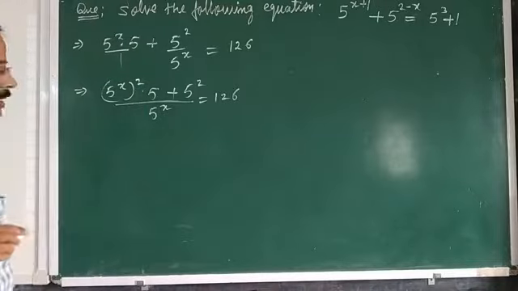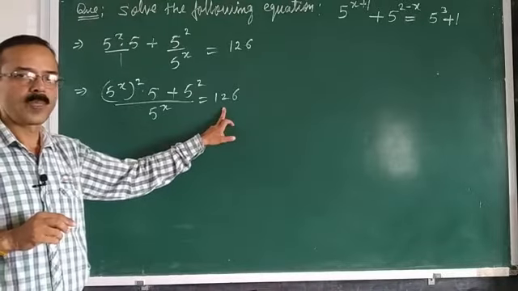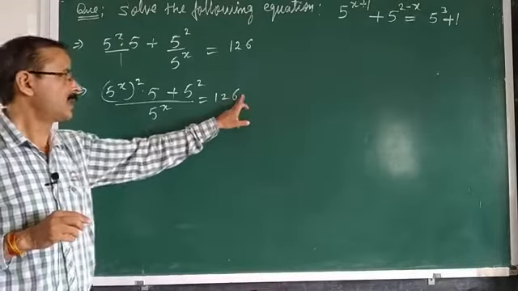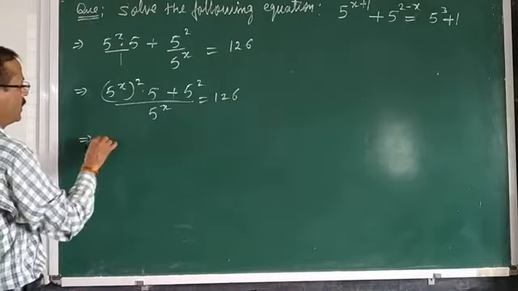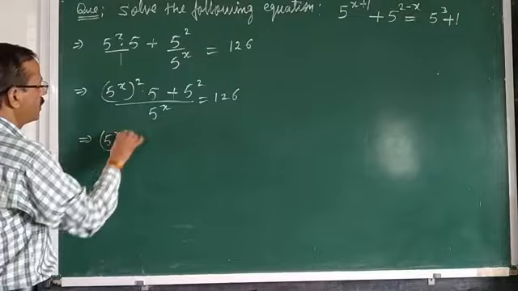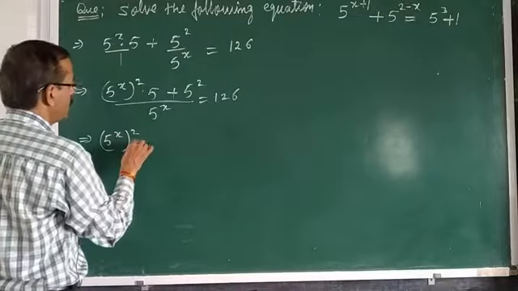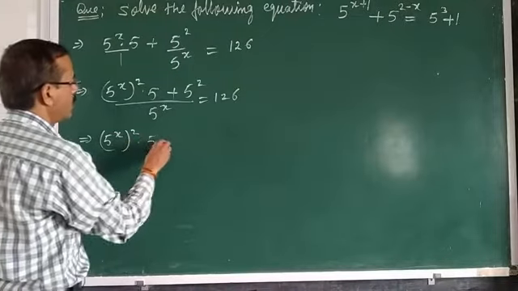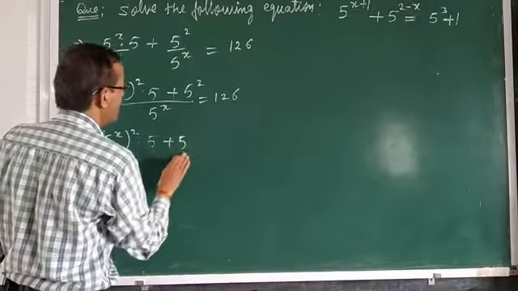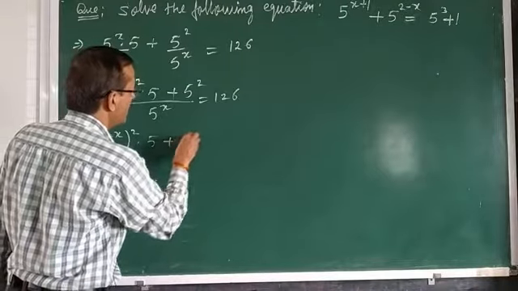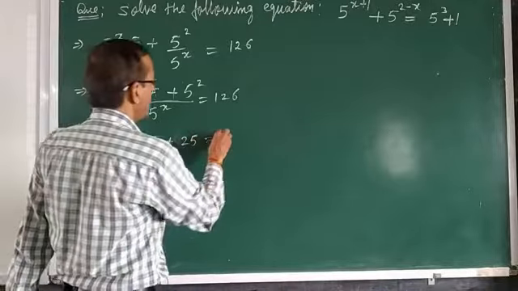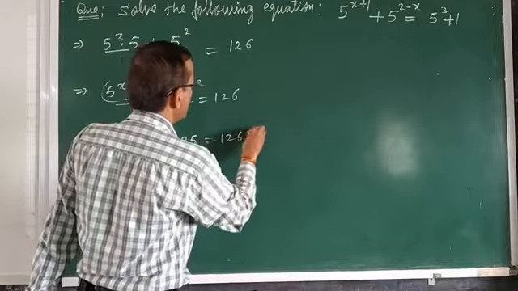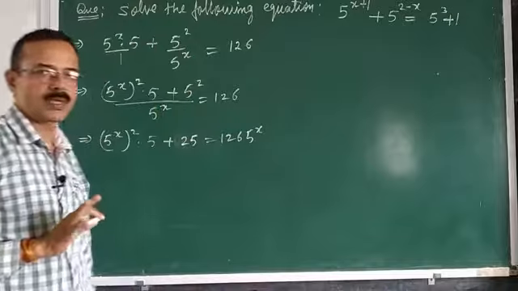Transpose this 5 power x, so it will be written as 5 power x whole squared into 5 plus 5 squared, that means 25, equal to 126 into 5 power x. Clear?